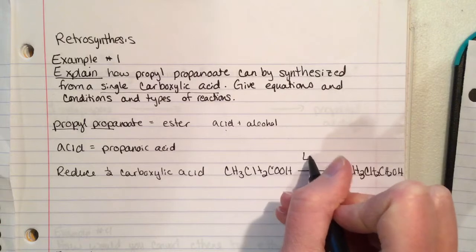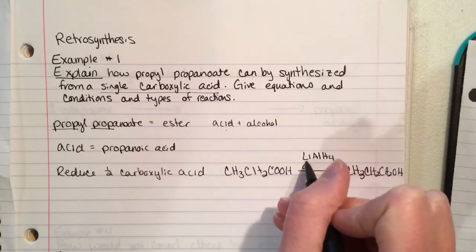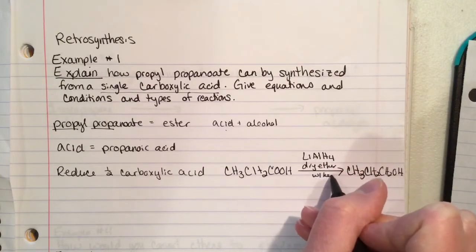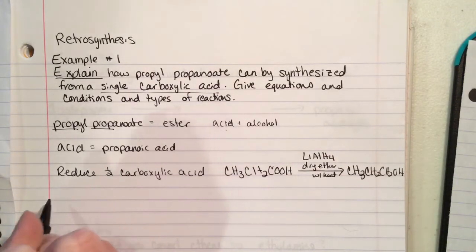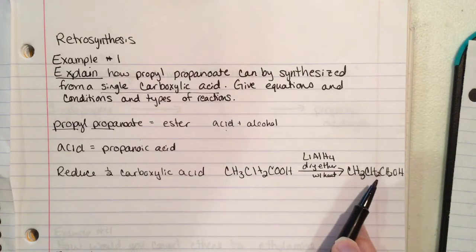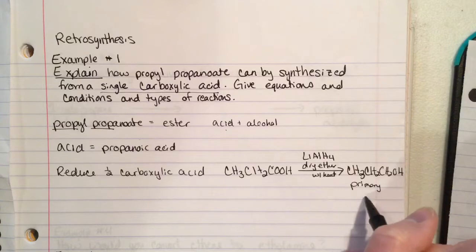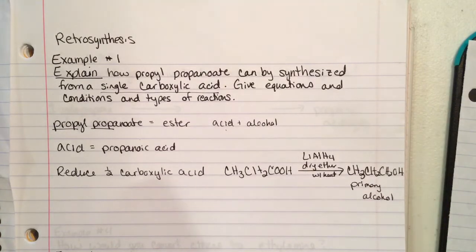So I would need lithium aluminum hydride in dry ether with heat. I need all of those conditions in order to make this reaction happen. So then at the end of that, I'm going to have my carboxylic acid, and I'll have an alcohol, okay? Specifically, primary alcohol, if you're feeling picky today, but specifically that's what it is.